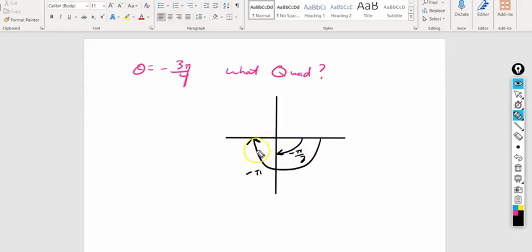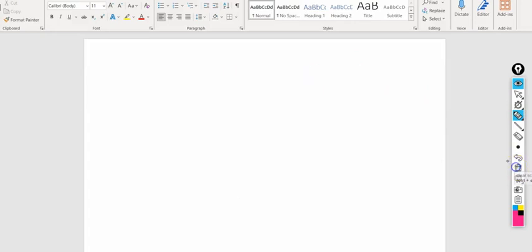So it's going to be somewhere in here. So its terminal side is in quadrant 3.